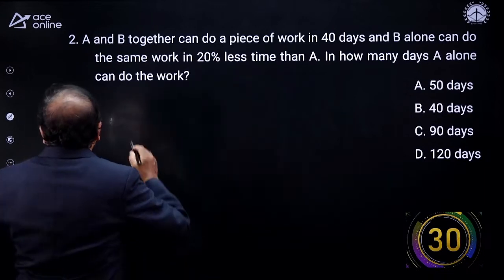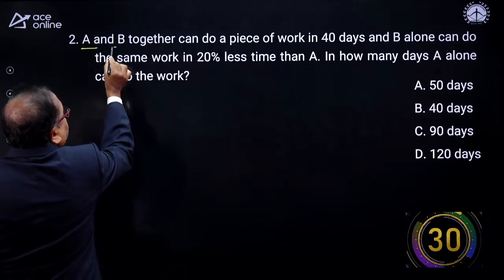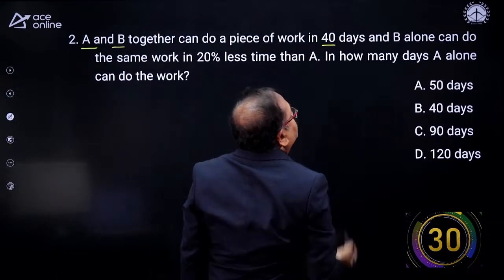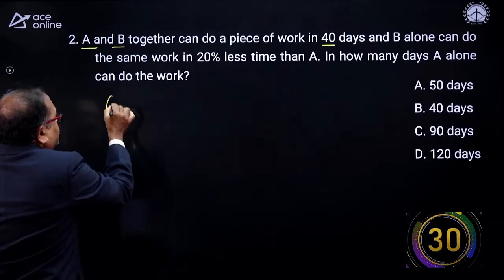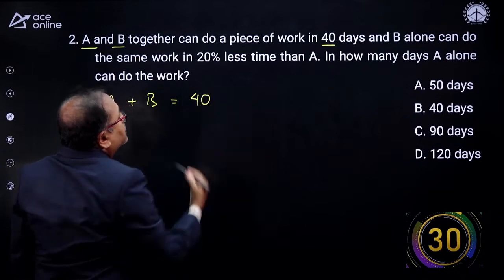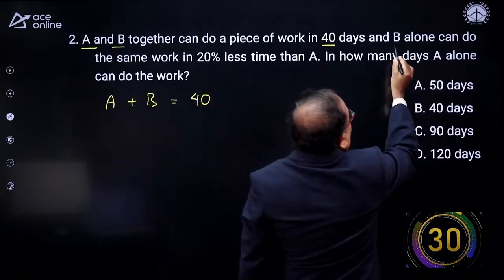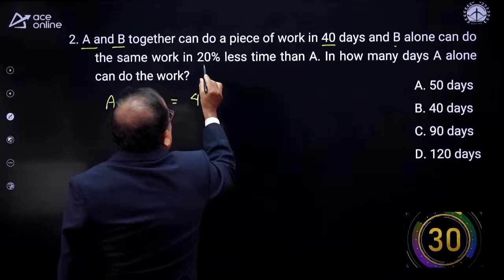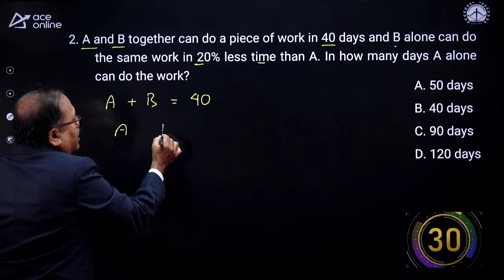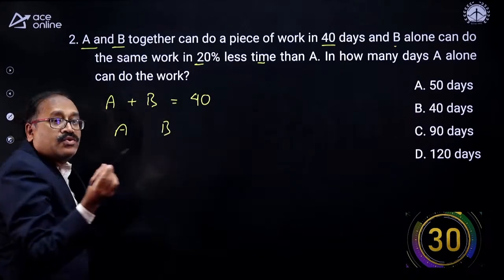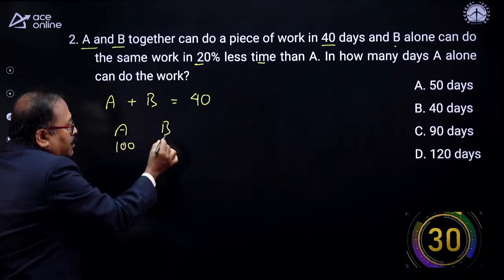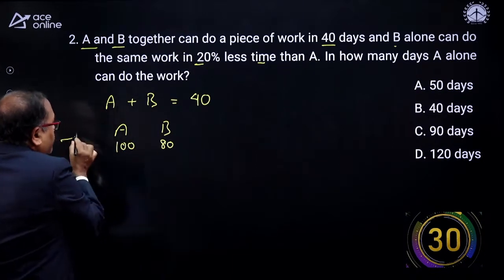So Likhita madam and Anusha madam, see that A and B together can do a piece of work in 40 days. So given to us is A plus B together can do the work in 40 days. And after that it says B alone can do the same work in 20% less time than A. So this is A and this is B. B alone takes 20% less time than A. That means if A is 100, this is 80 for time.